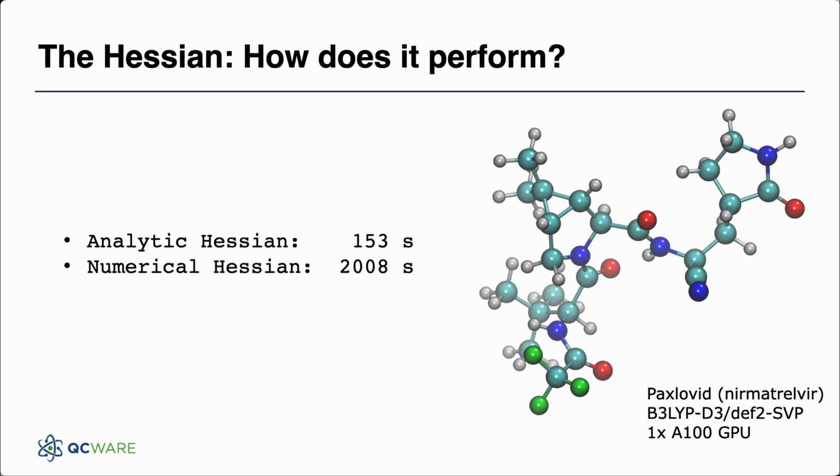And this should be contrasted with even the Promethium really fast gradient code being used in a finite difference procedure. It takes 2,000 seconds, so more than a half hour, closer to 3/4 of an hour with that. And we are 13.1 times faster than ourselves with numerical, and so our finite difference.